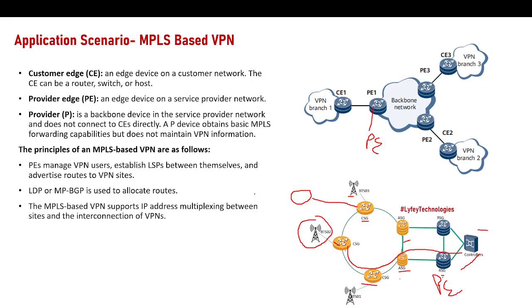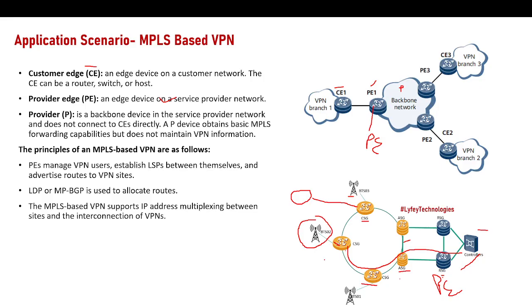Okay, so first we have these functionalities, right? We have the customer edge, the PE, and then of course we can have the P devices. The intermediate devices, we call them the P devices. The devices that are connecting on the edge of a service provider network, we call them the provider edge. And then the customer devices.